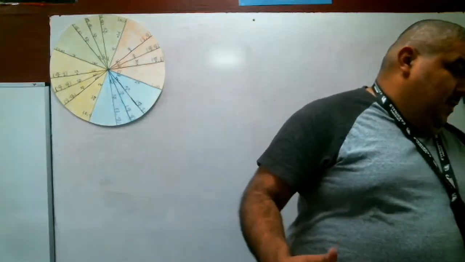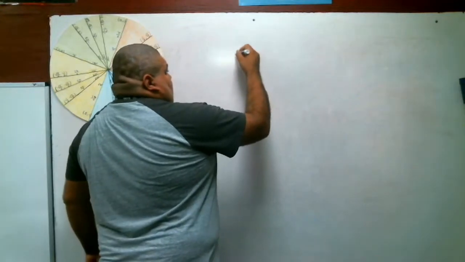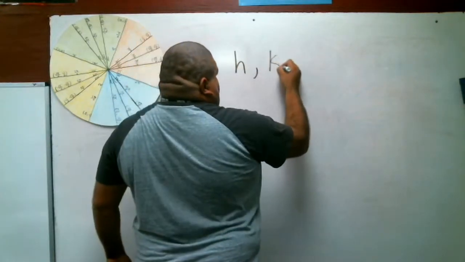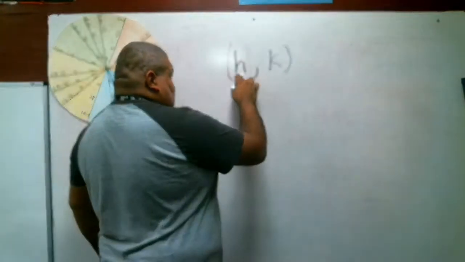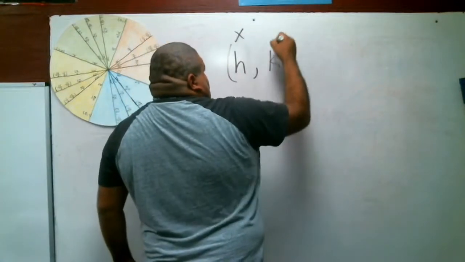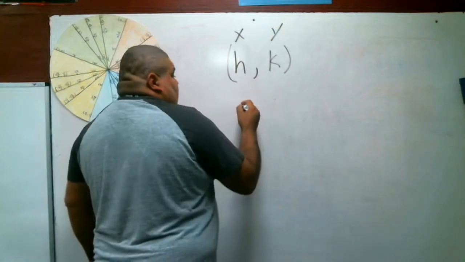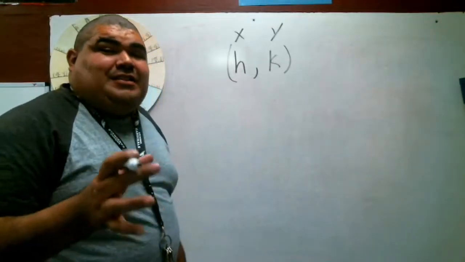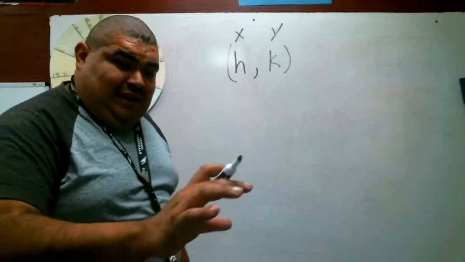If you guys remember, last class we talked a little bit about H and K. H is your x, K is your y, meaning that depending on whether H was positive or negative, it determined which way you moved, left or right.